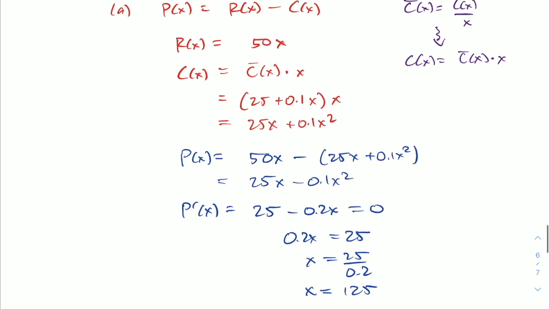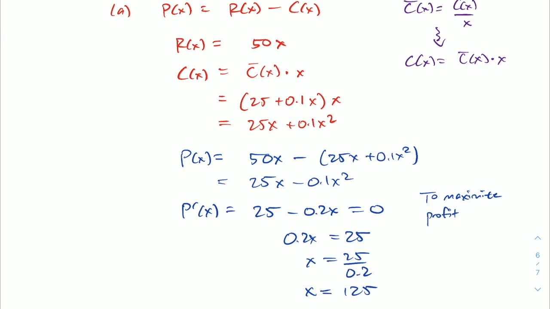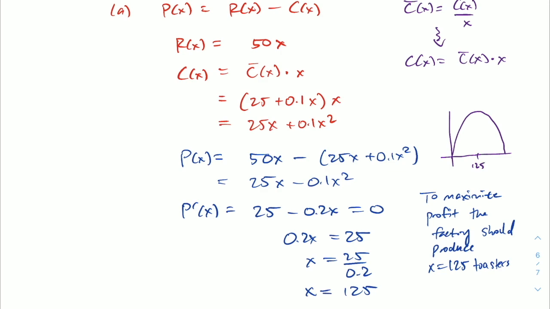So in this competitive market situation, to maximize profit, the factory wants to produce 125 toasters. And you could sketch the profit function if you'd like, and see that this is indeed the maximum. 125 is right here, and the function has a max there.